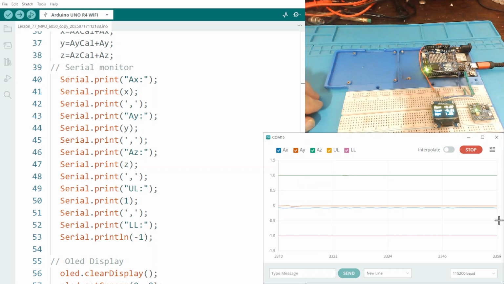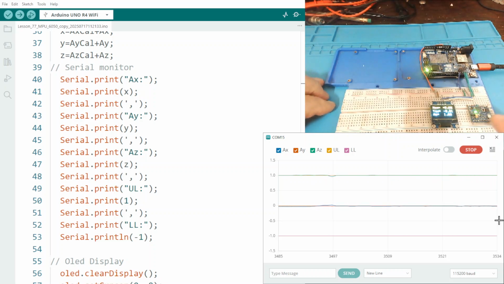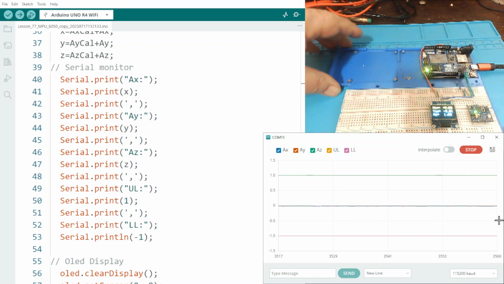Now if I go back to the flat like this, you will see that, why is the AX value off? Did I not mess with that thing? 0.03, that should be pretty close. Okay, I think I must have bumped the sensor, causing the calibration to go away.